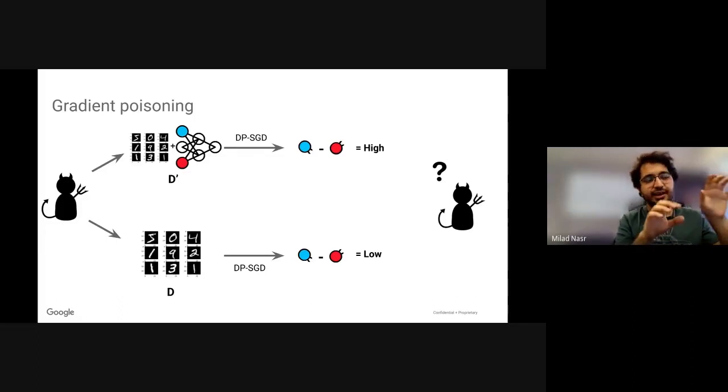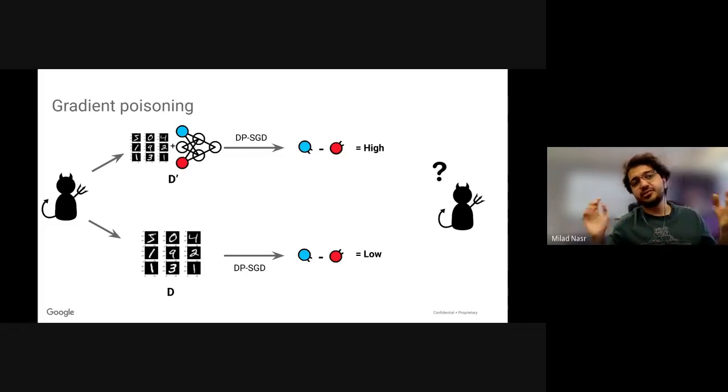The gradient vector has the property that the distance between the 2 specific model parameters is very high. We also do the clipping and everything else that DP-SGD does to this gradient. So when the adversary wants to find out if an example was trained on D or D prime, it computes the distance between these two specific model parameters and makes a decision based on it.